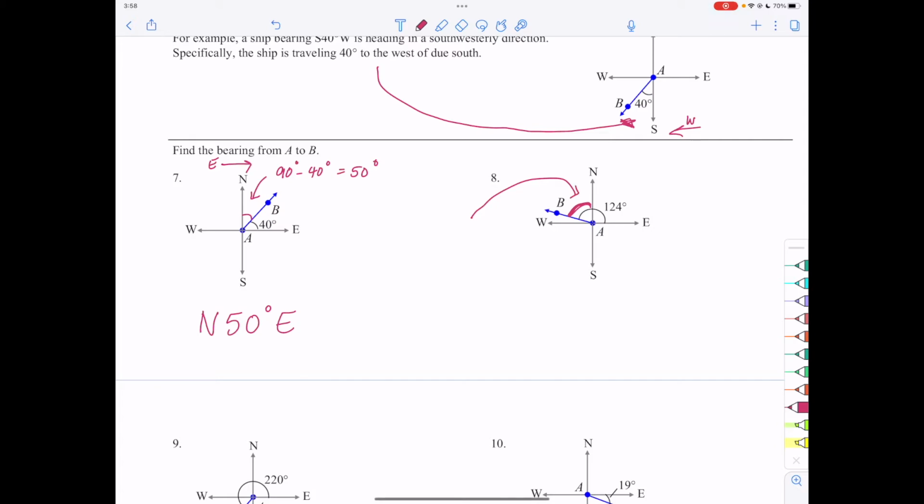And that angle is 124 degrees minus 90 degrees, and that's equal to 34 degrees. So we are coming from the west, so we will be north 34 degrees west. Actually, starting at north, we're moving this way west.